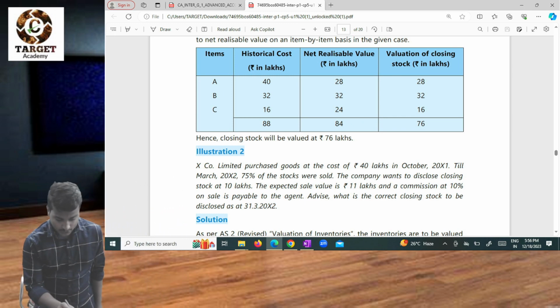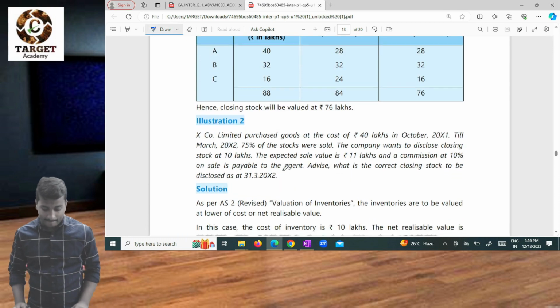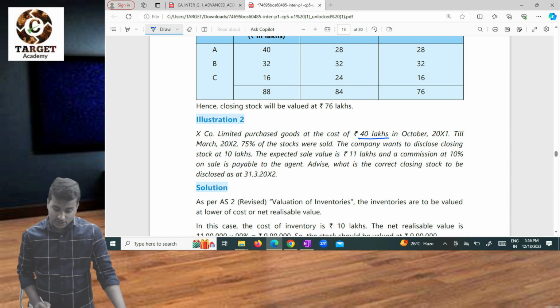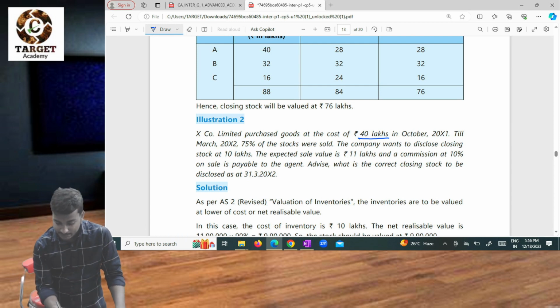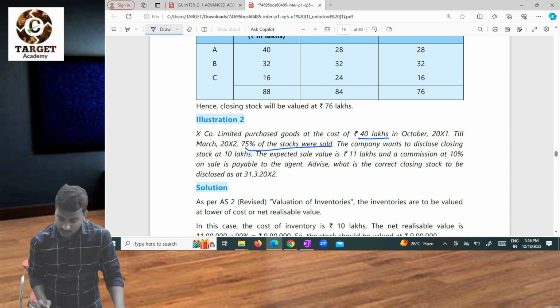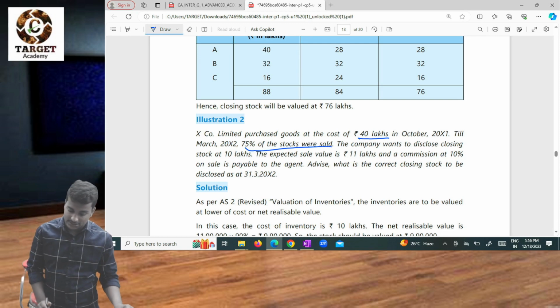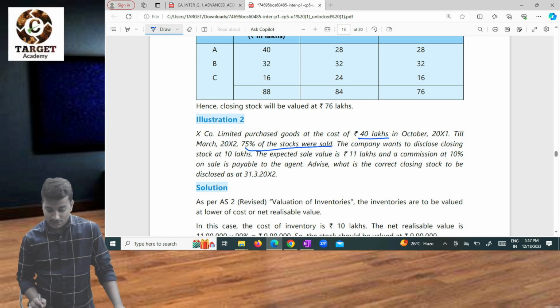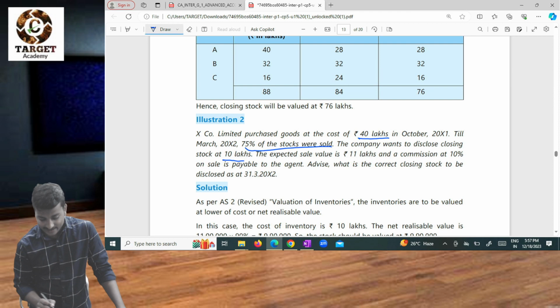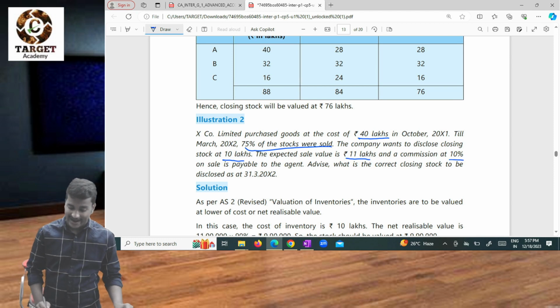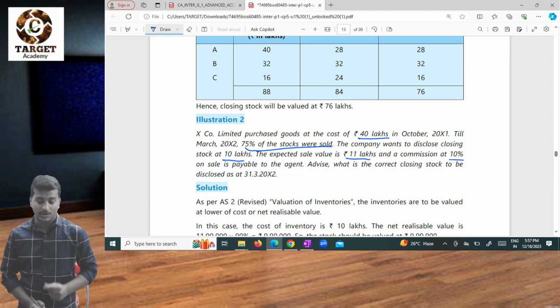X company limited purchased goods at a cost of 40 lakhs. Till March 2022, 75% of stock was sold. The company wants to disclose closing stock at 10 lakh. Expected sales value is 11 lakhs and commission is 10%. Advise what is the correct closing stock value.